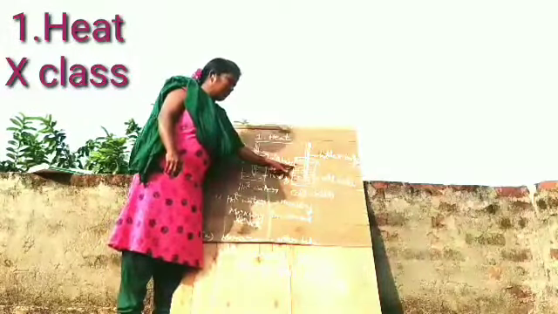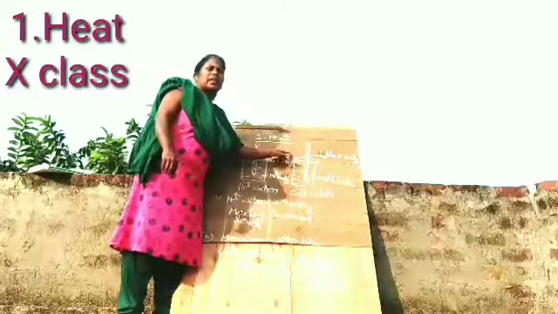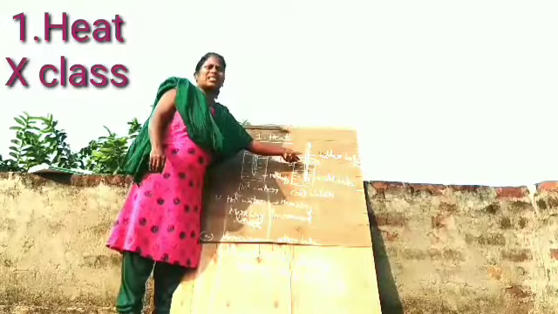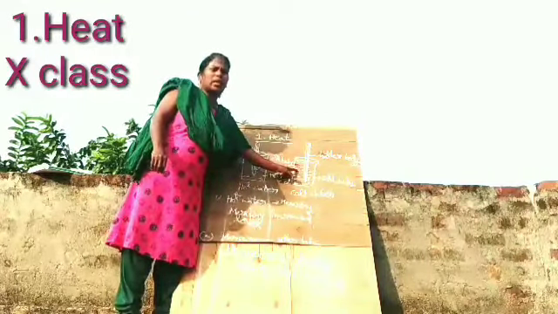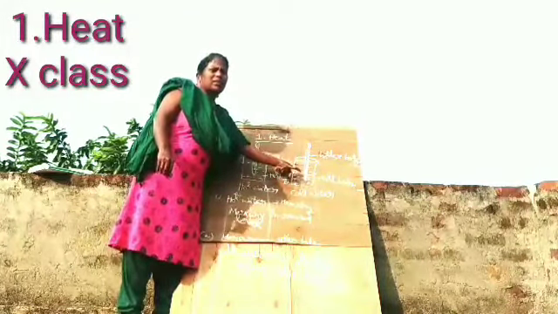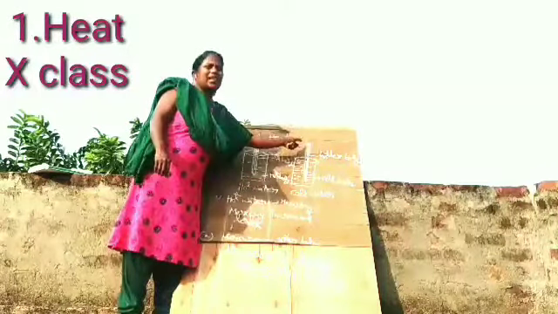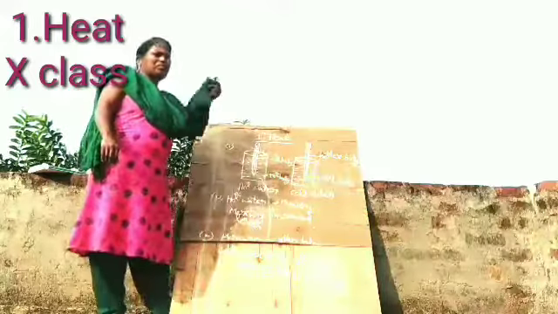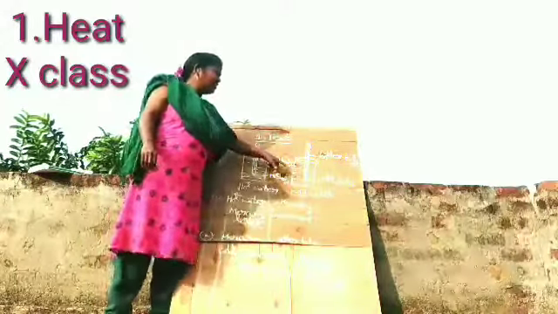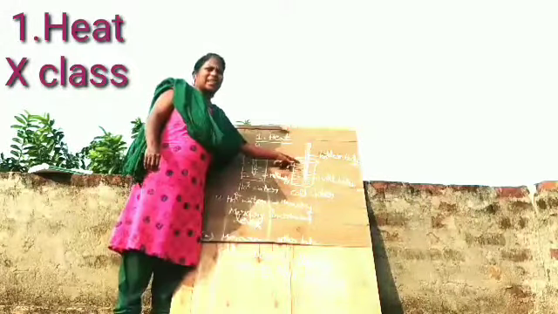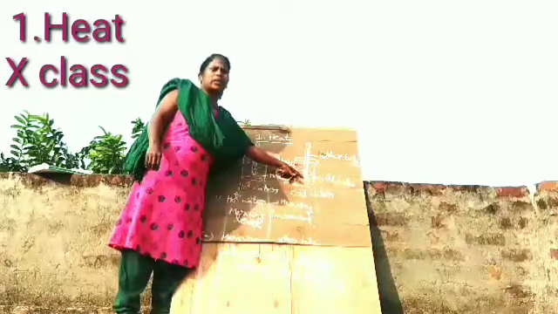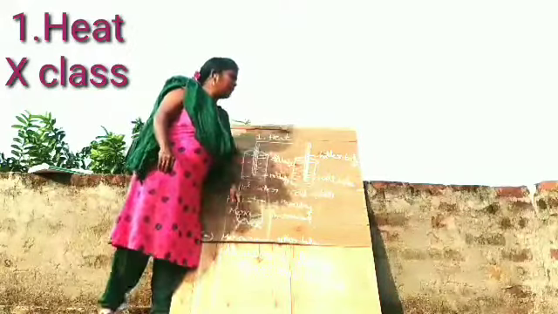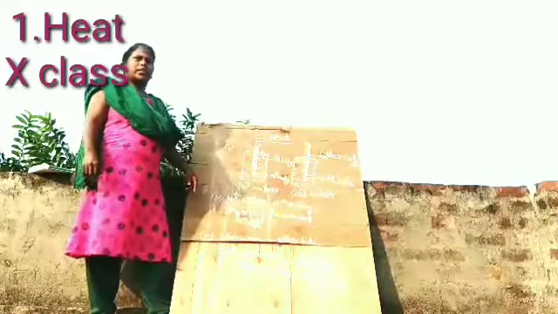In the second case, we have taken a glass containing cold water and placed the thermometer into it. Here the initial thermometer reading, the mercury level, is higher than the cold water. So here the hot body is mercury and the cold body is the cold water.